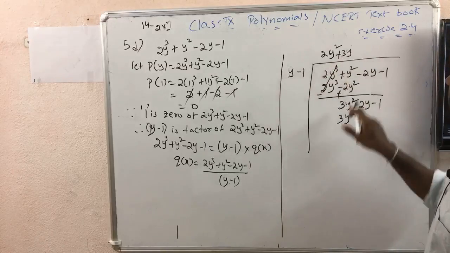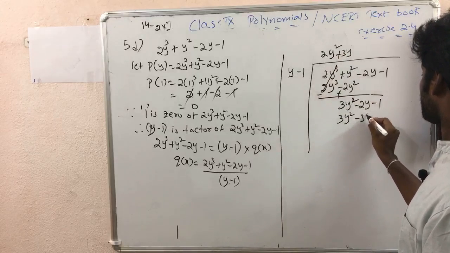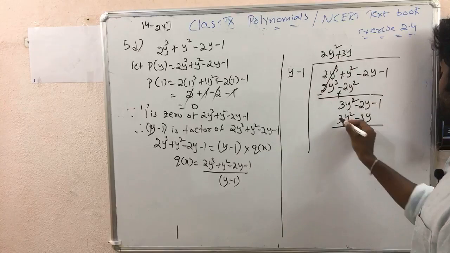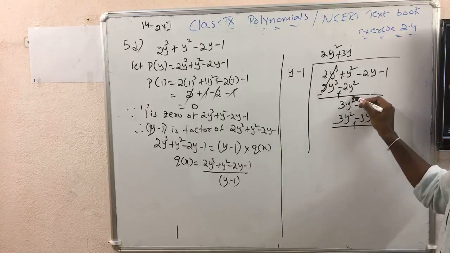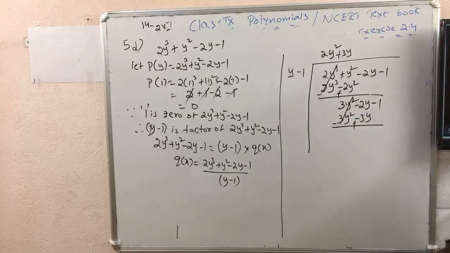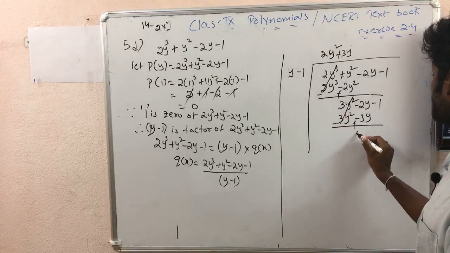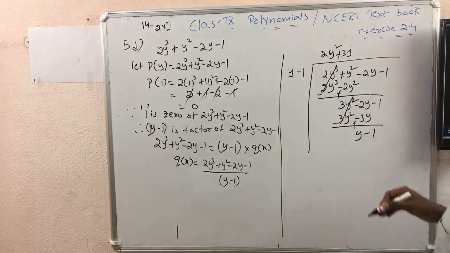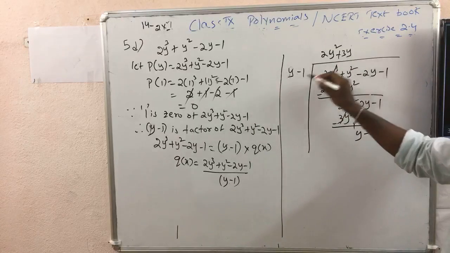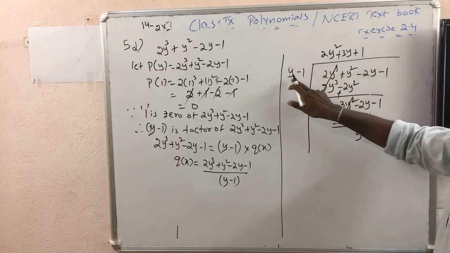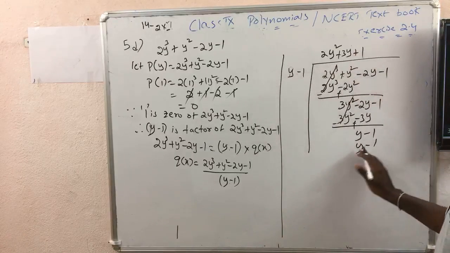So y into 3y, 3y square, minus 1 into 3y, minus 3y, plus into minus is minus, minus into minus is plus. 3y square minus 3y square get cancelled. Minus 2y plus 3y, you are left with y minus 1. So y and y here, this quotient is 1 and here also plus 1. So y plus 1, that means y into plus 1 gives y, minus into plus 1 is minus 1.